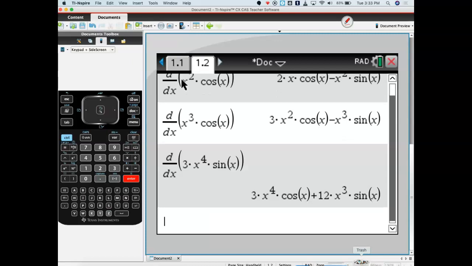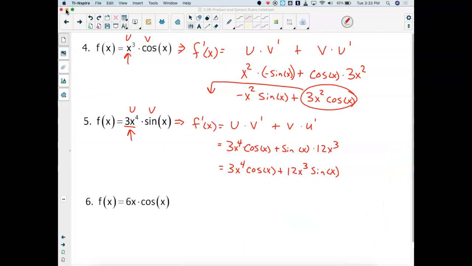So 3x to the fourth cosine plus 12x cubed sine x. Is that what I had written? I hope that's what I had written. That's what I had written.